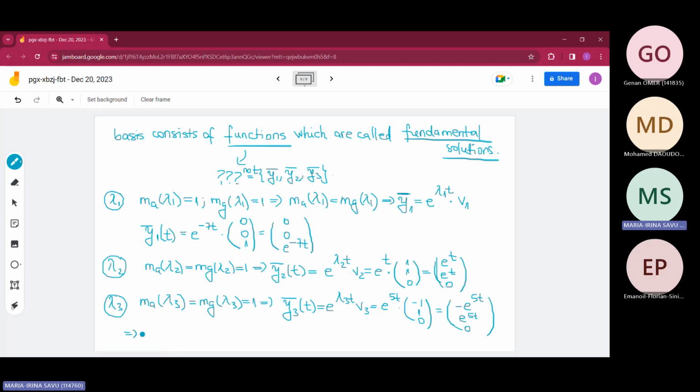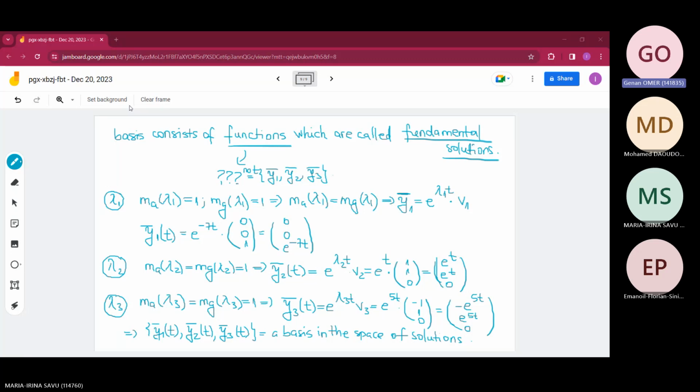So you take y1 bar of t, y2 bar of t, y3 bar of t, which is a basis in the space of solutions of the initial system. So how will a solution look like? Will it be like a column from a matrix?